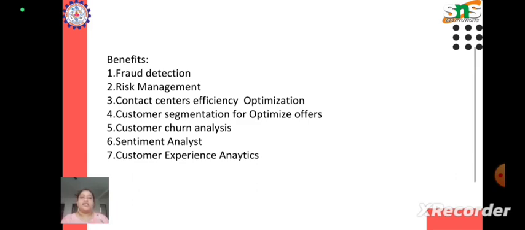The next one is sentiment analysis. This tool helps the bank analyze social media to monitor user sentiment towards a firm, brand or product. The last benefit is customer experience analytics. It can provide better insight and understanding, allowing banks to match offers to customer needs.